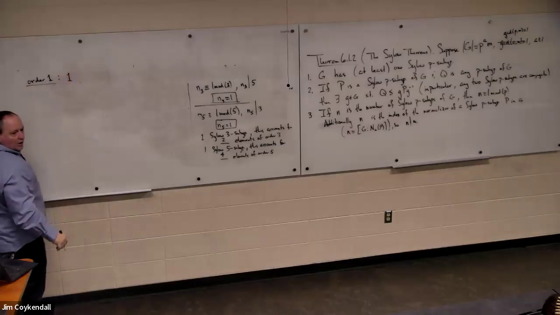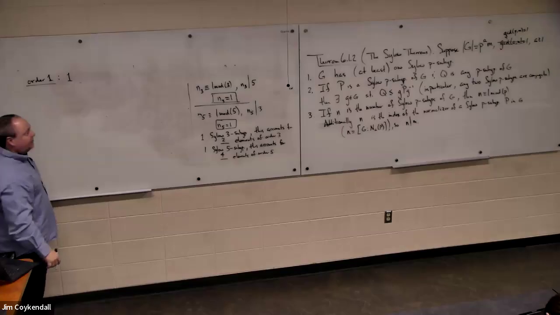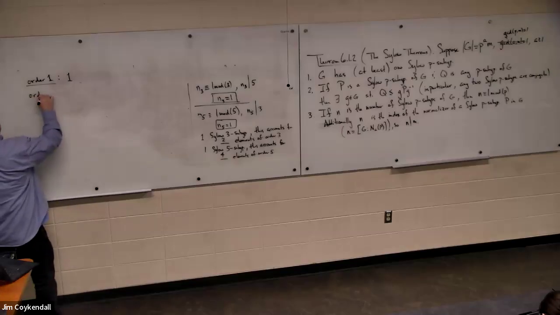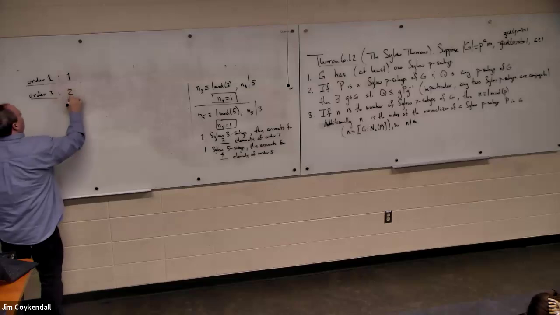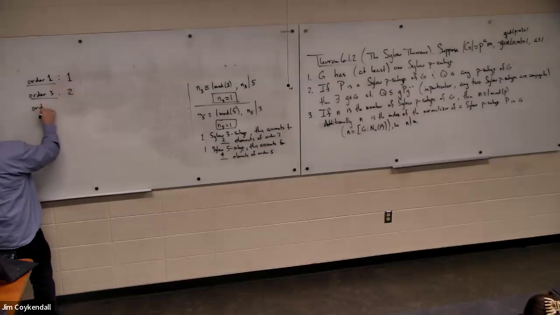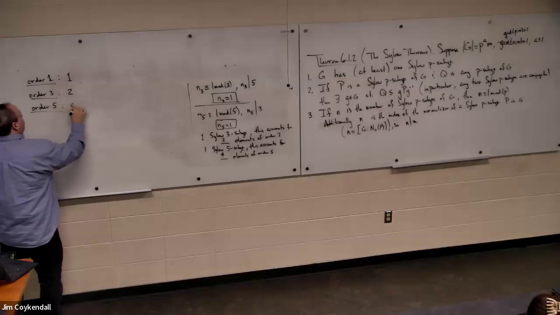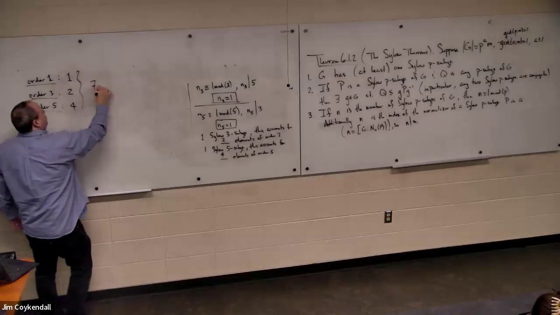I've got one element of order 1 in this group, the identity, right? I've got 2 of these. I've got 4 of these. This accounts for 7 elements.